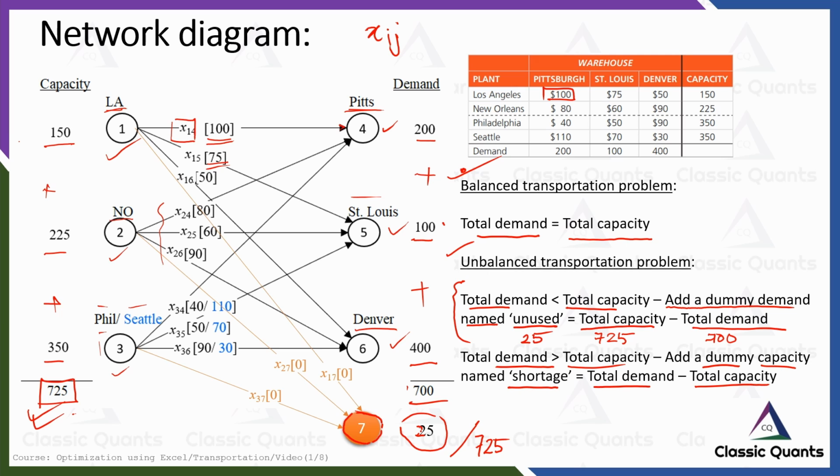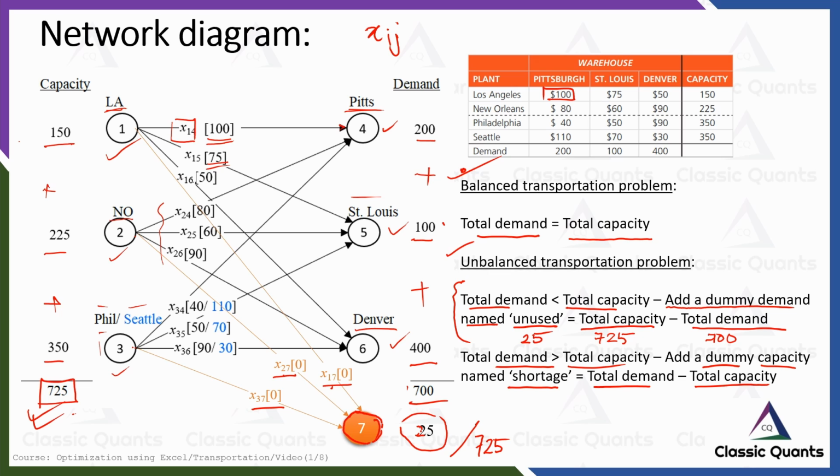And so note that there are 3 additional edges, because now we have to define 3 edges from 3 capacity centers up to this demand center. So X27, X17 and X37, 3 additional edges have to be included in this network diagram.